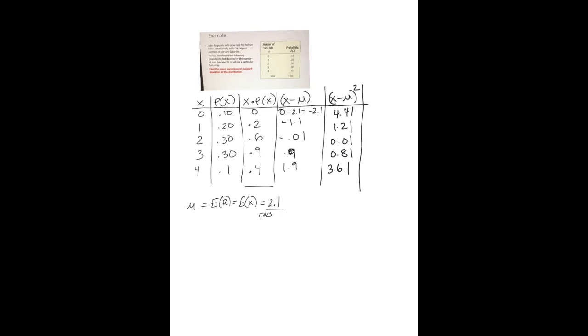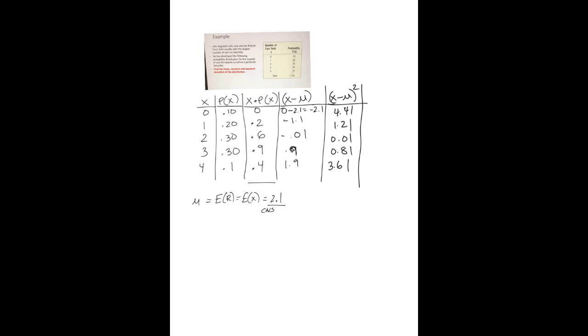So now that we have that, we're going to take each of those and square that. So we have x minus the mean squared. And so we have 4.41, 1.21, 0.01, 0.81, and 3.61.